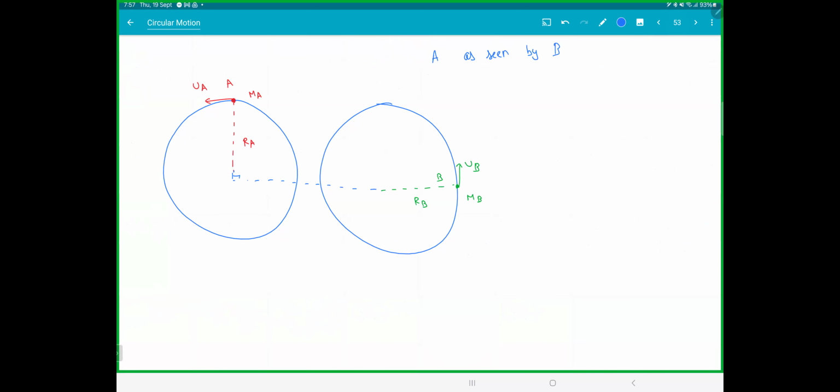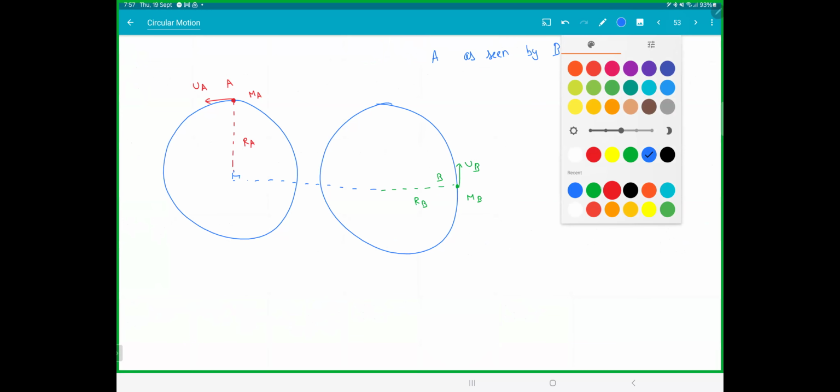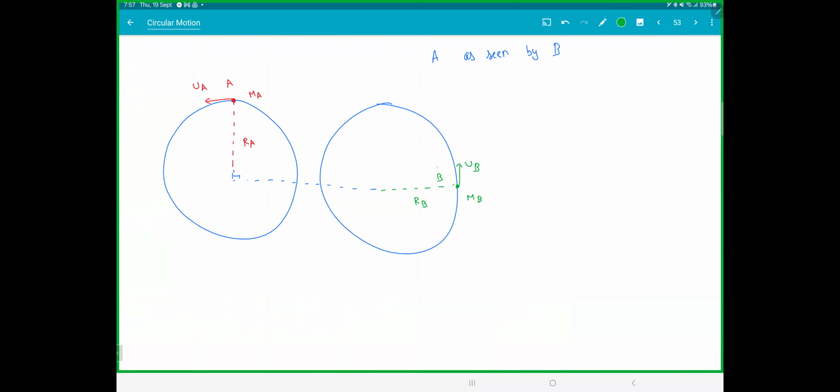B is the observer, right? If B is the observer, what to do? Stop him. So what is B ka acceleration? Since he's going in a circle, acceleration of B will be UB square by RB. Agreed? So what is the pseudo force?